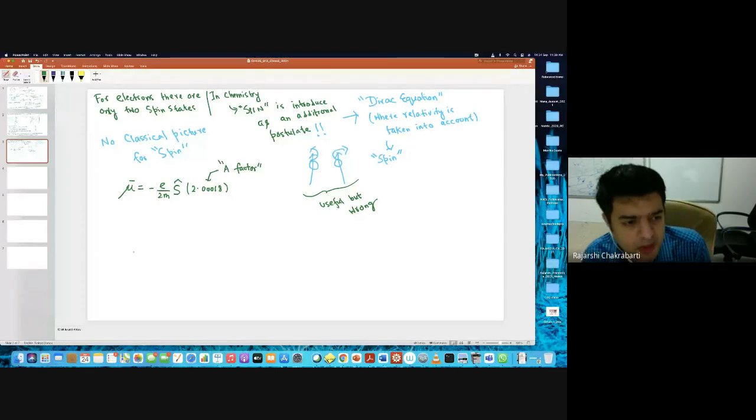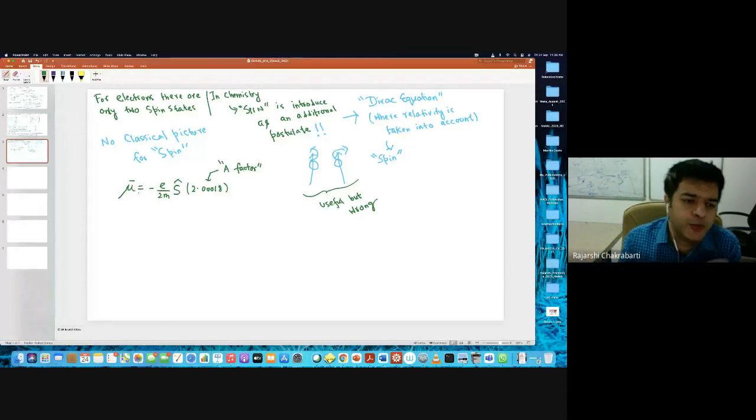So this is a magnetic moment associated with an electron which spins. Like L, you have S sitting there, but there's a factor of 2 that comes for some reason. So this spin has two possible orientations.